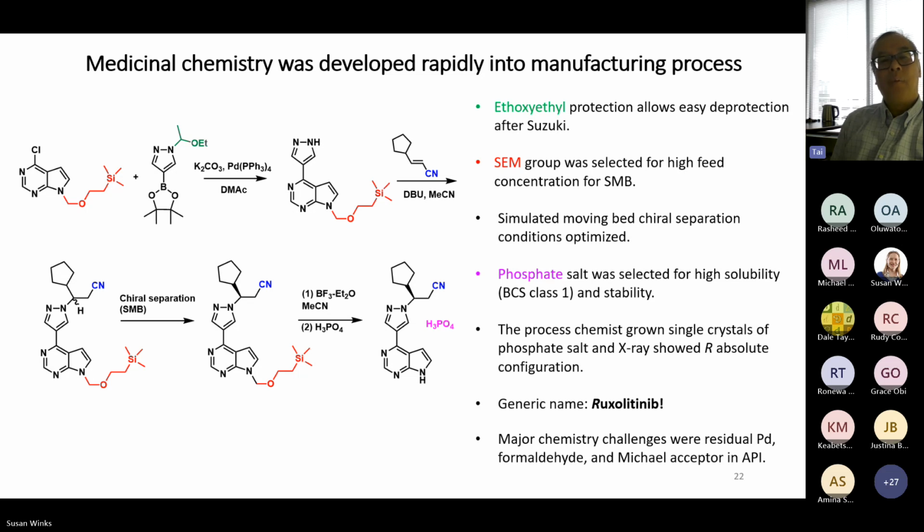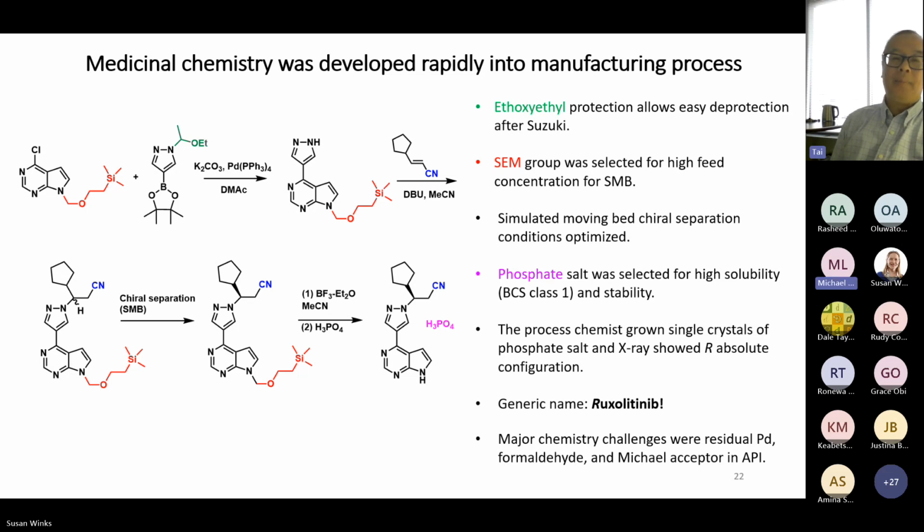After deprotection, we form a phosphate salt. We did extensive work on salt selection, and we found the phosphate salt is the most suitable, and it turned out to have a really good impact on the drug because the permeability and the solubility, the dissolution rate of the phosphate salt is really high.